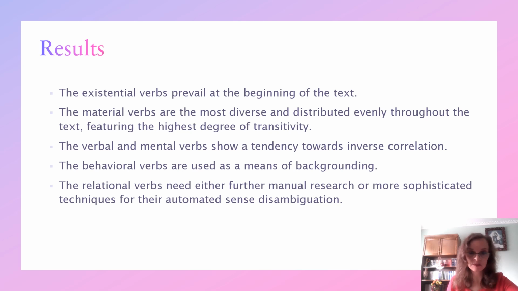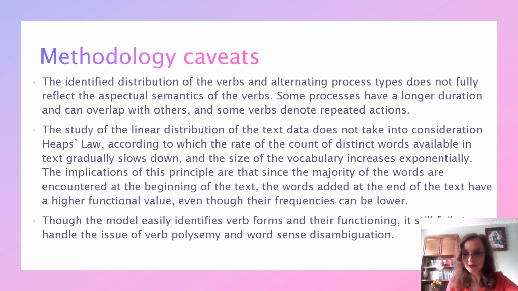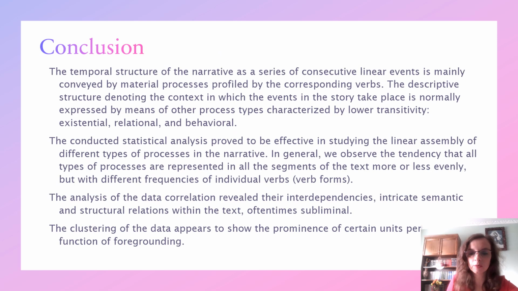The relational verbs need either further manual research or more sophisticated techniques for automated sense disambiguation. Of course, the methodology has advantages and disadvantages. Here you can see the advantages of the methodology and the caveats of the methodology.